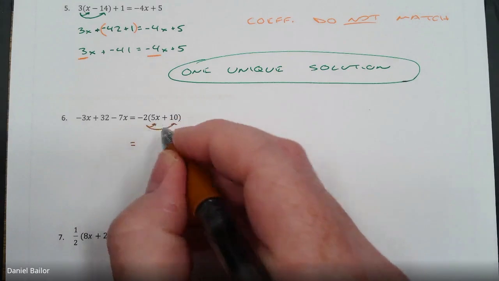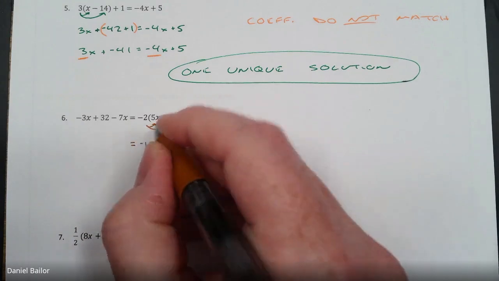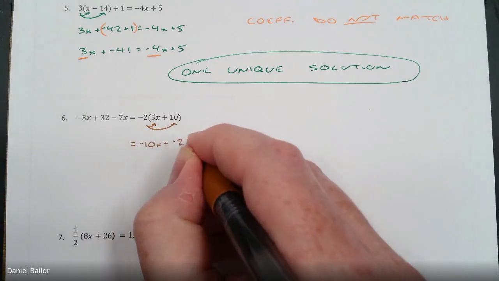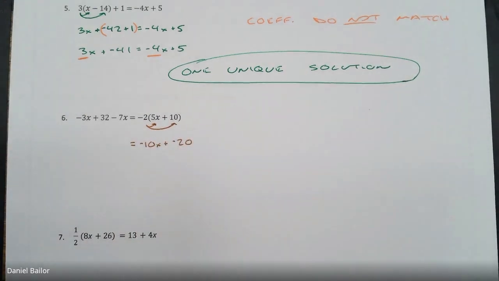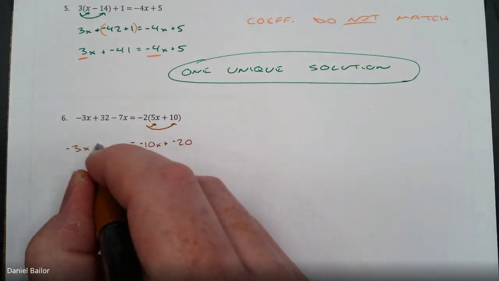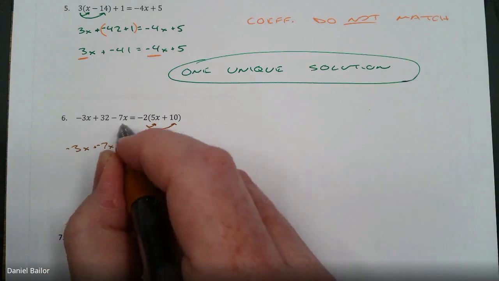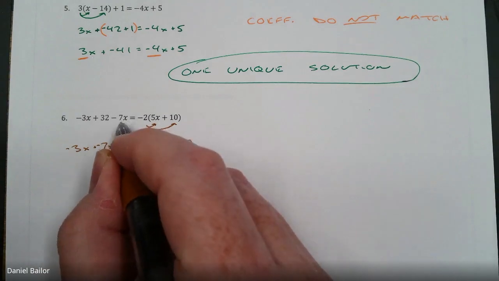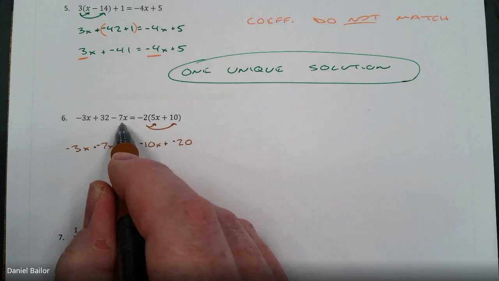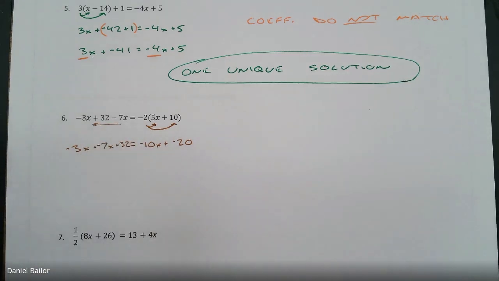So negative 2 times 5x is negative 10x, and negative 2 times 10 is negative 20. And this side, we can keep the same right now. Well, I'm actually going to use the commutative property to move the negative 7x over here next to the x. I'm going to slide it over because I can move it around.